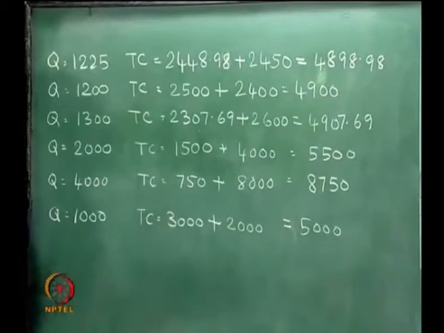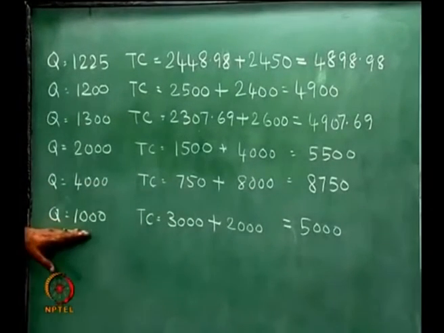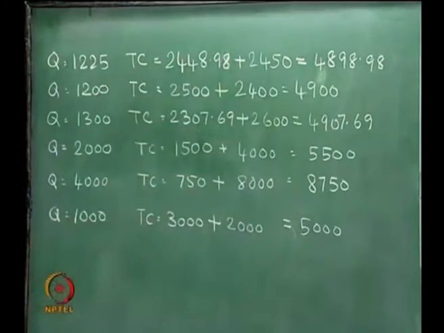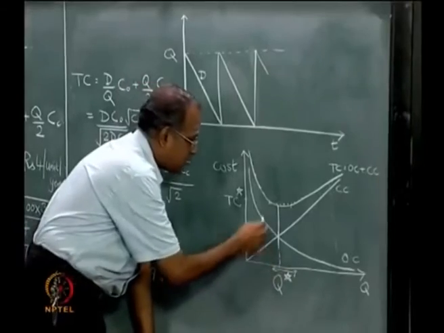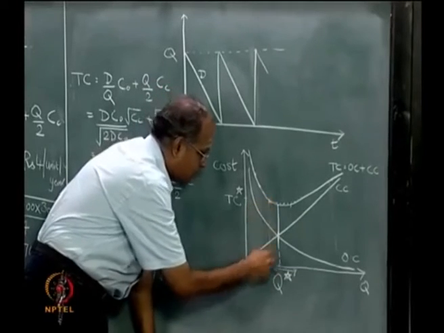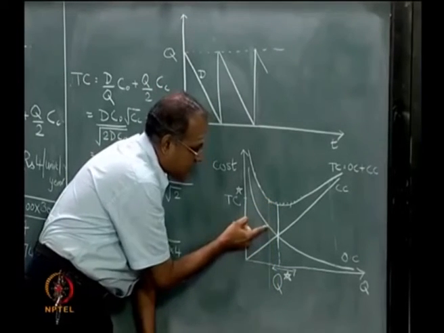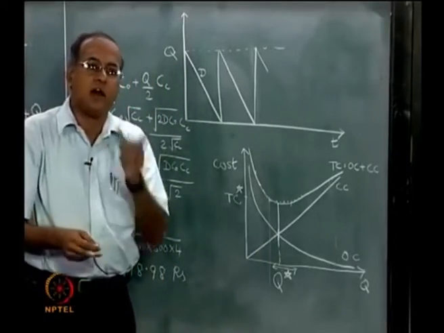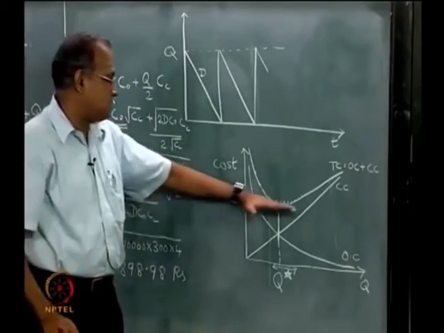So if the order quantity is less than Q star, like 1000, you now see the order cost is going up and the carrying cost is coming down. So to the left of it, the order cost part is higher, the carrying cost part is lower, but the total cost will always be higher because this is the minimum.